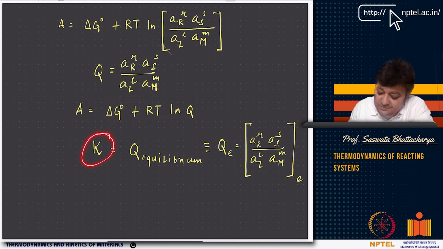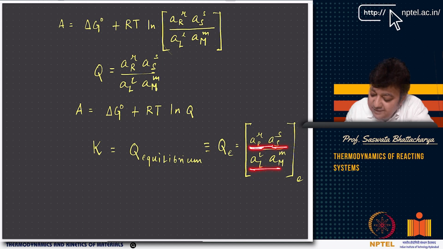But K is Q at equilibrium, which is Q_E, which is a_R to the power R, a_S to the power S over the reactant activities. So this is the activity of products with the power as the stoichiometric coefficients, at equilibrium.